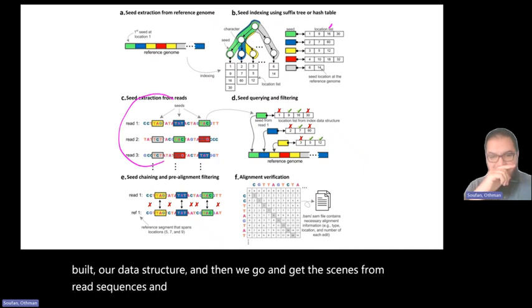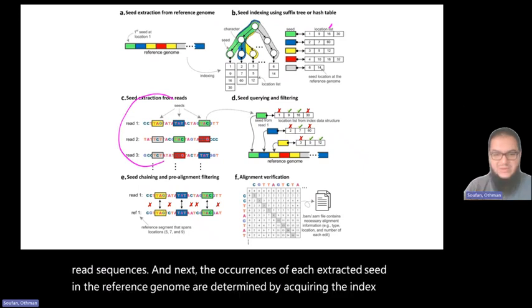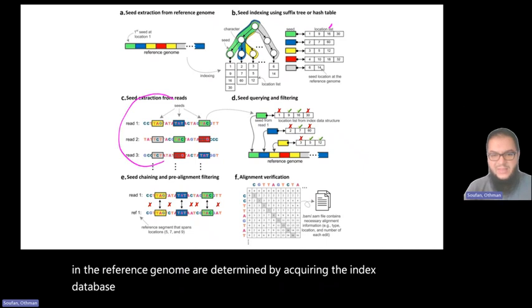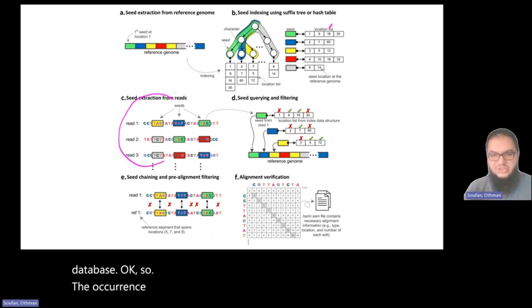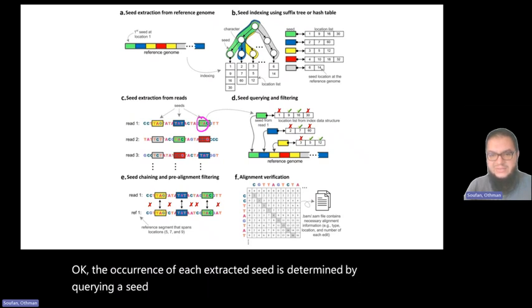Next, the occurrence of each extracted seed in the reference genome is determined by querying the index database, which is seed querying and filtering.